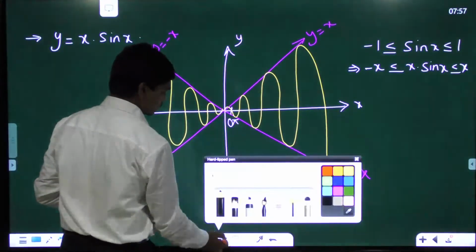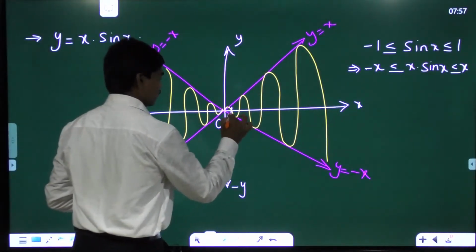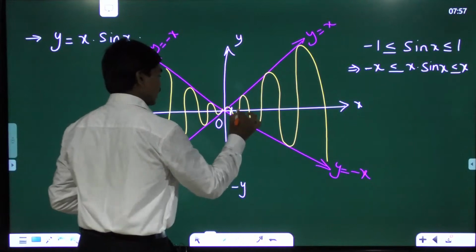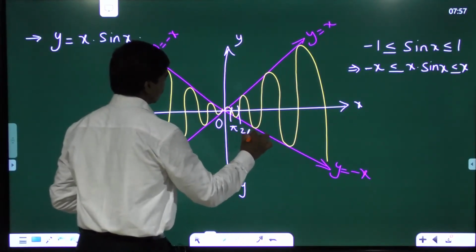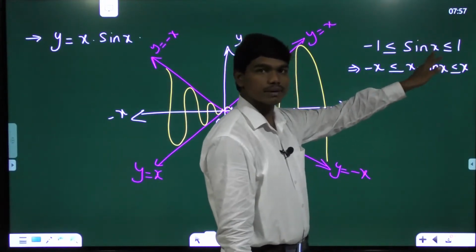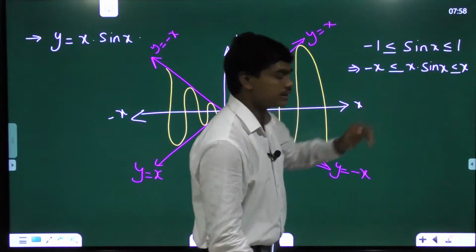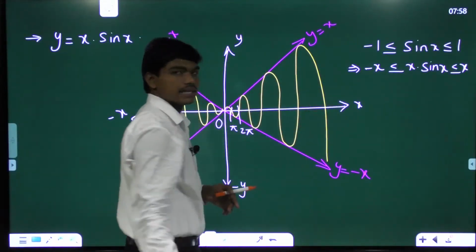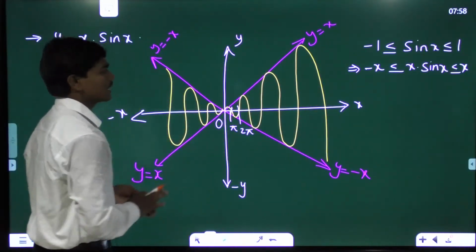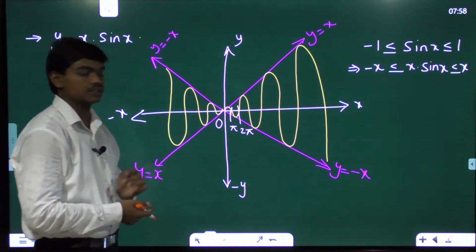So this is 0, now this value is pi and again this is 2 pi, because if you put x is equal to pi, 2 pi, for all integral multiples of pi, sin x gives you 0, and this curve will be cutting the x-axis there. So this is how the graph of x into sin x looks, and it's been asked in interviews a lot of times to sketch this function.